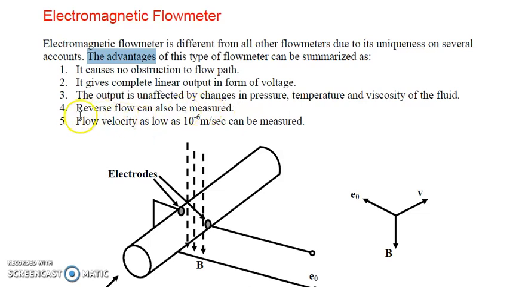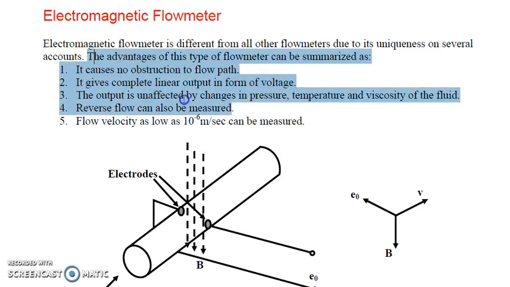And one major advantage is flow velocity as low as 10 to the power minus 6 meter per second, means in the range of micrometer per second, that also can be measured. So it can be used for very sophisticated measurements also. So this complete is the advantages of this flow meter.